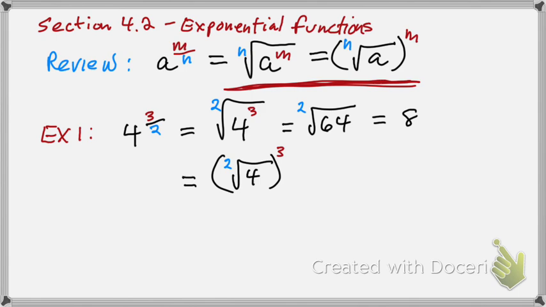So the square root of 4 is 2. And then 2 cubed, 2 times 2 times 2 is 8. So I should get the same answer either way I do it. I'm just saying sometimes one approach is more difficult than the other when you start working problems.